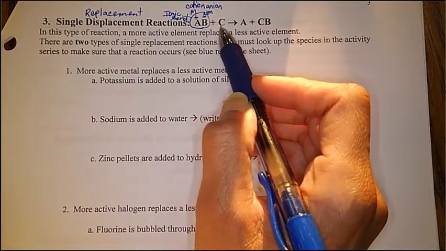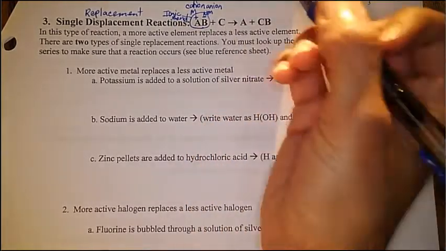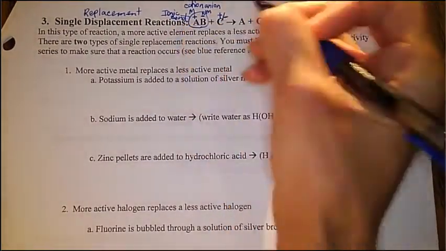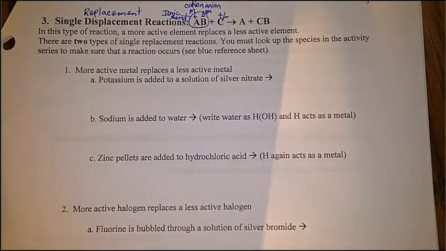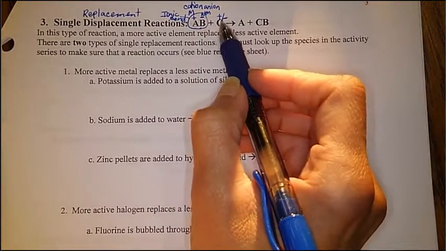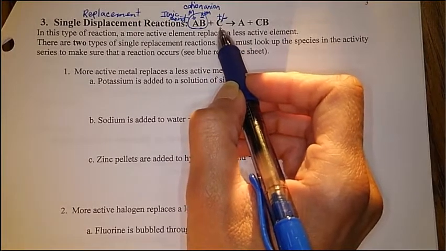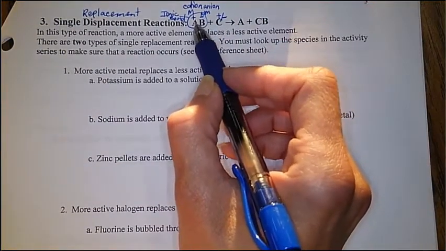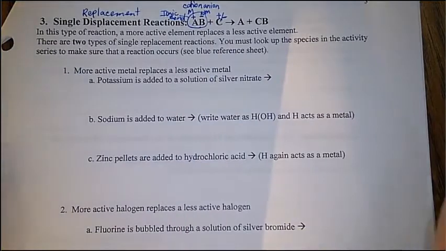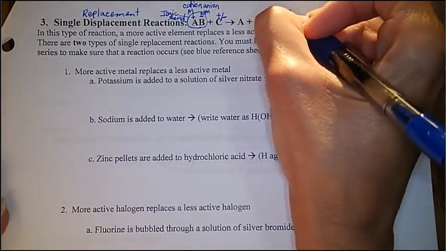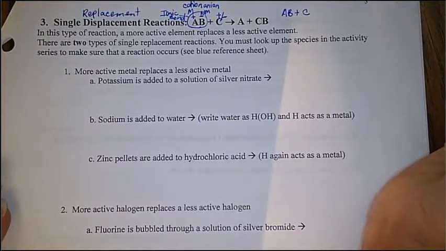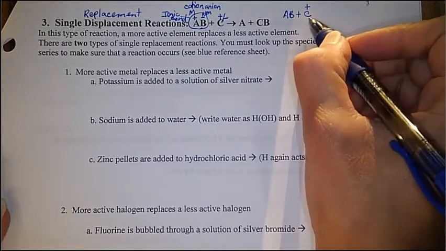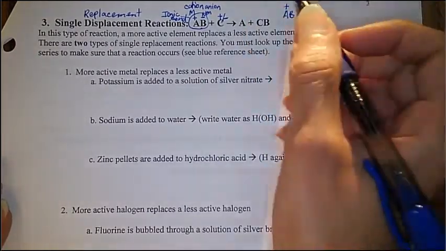The second element that you have can be either a positively charged cation or a negatively charged anion, okay? And depending on what this element is, whether it's a metal or a nonmetal, will determine what product you're going to have. So if I have this compound and my second element happens to be a metal, then this metal is going to be in competition with the metal in the compound.